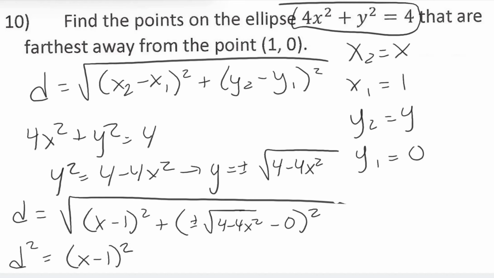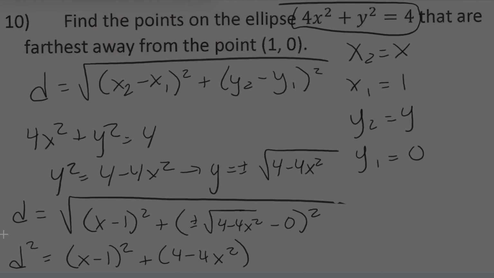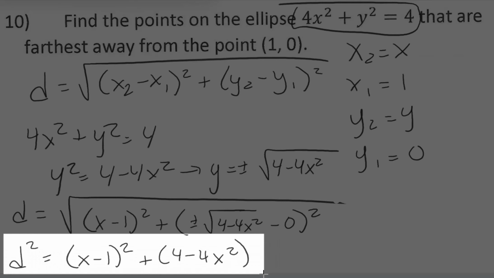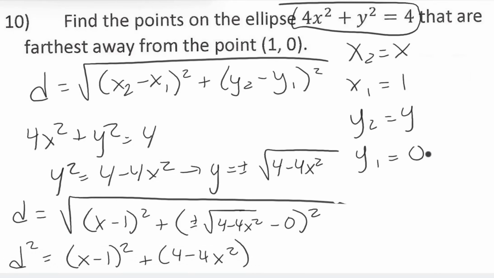So this becomes x minus 1 squared plus, now the 0 disappears, and squaring that just gives you 4 minus 4x squared. That's why I said the plus or minus doesn't matter, because the square is going to get rid of it anyway.